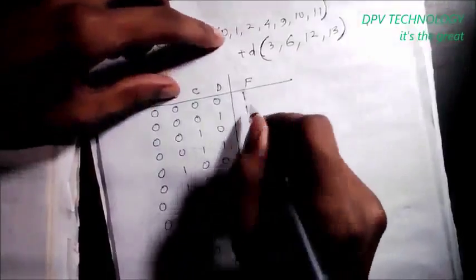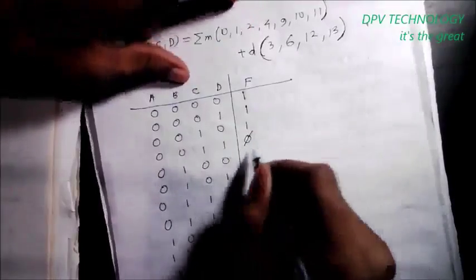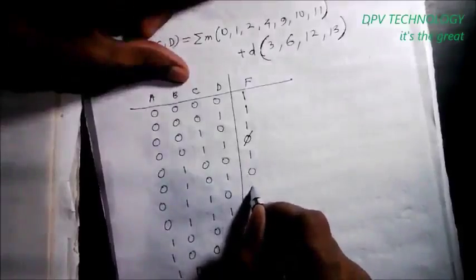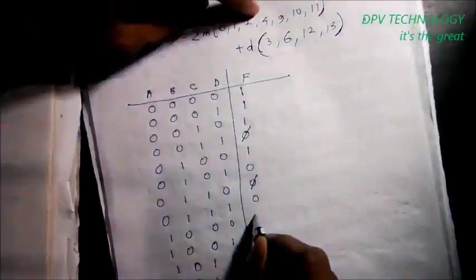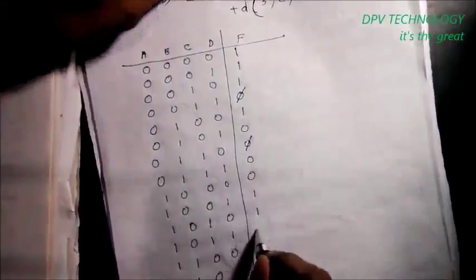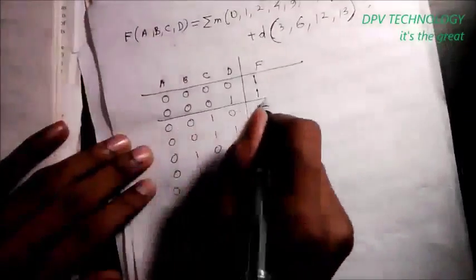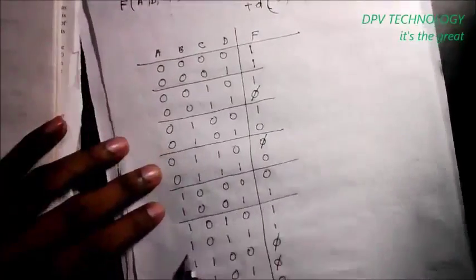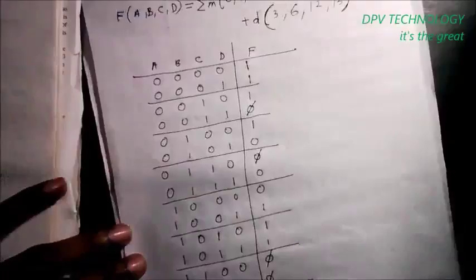This will be 1 1 1, then we have a don't care here, 4, 5, 6, here we have don't care, 7, 8, 9, 10, 11, 12, 13, 0 0. So we get this truth table.